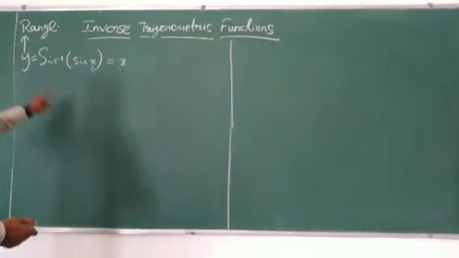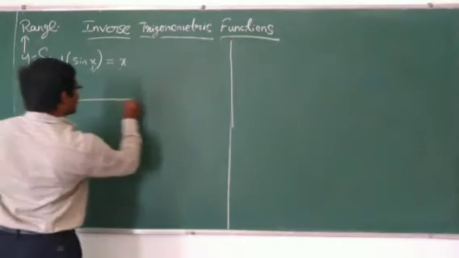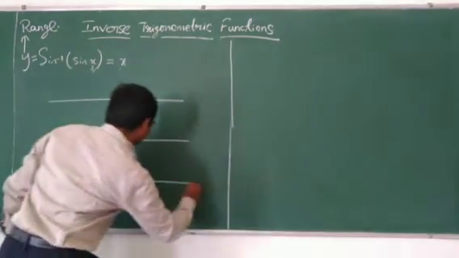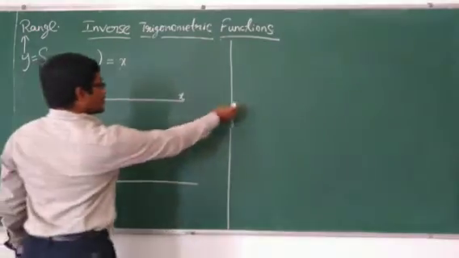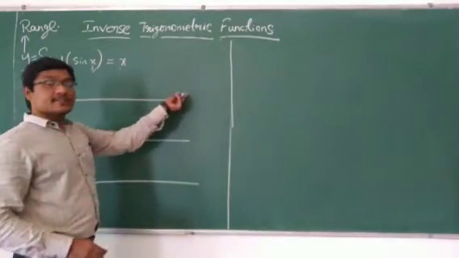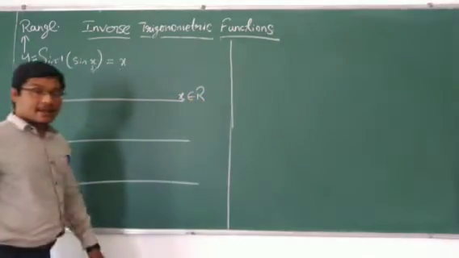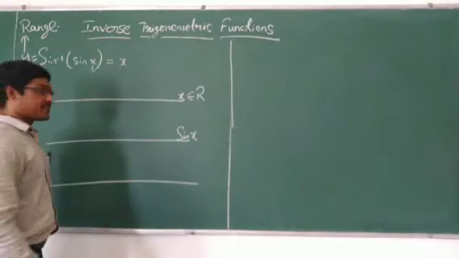Now to study when this is equal to x, I take 3 number lines. On this number line I take the values of x. Just now we have seen this is the domain, so here I can take any real number. On this number line I take the values of sin x.